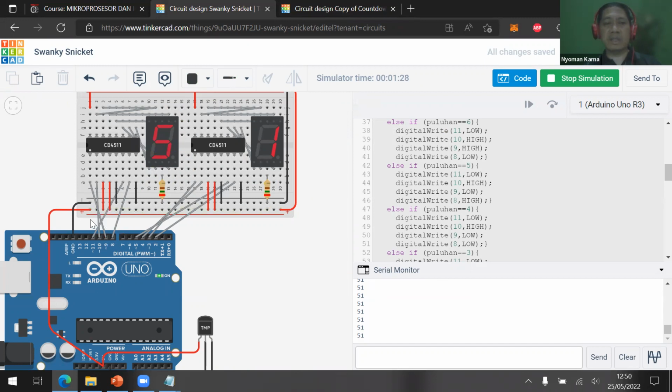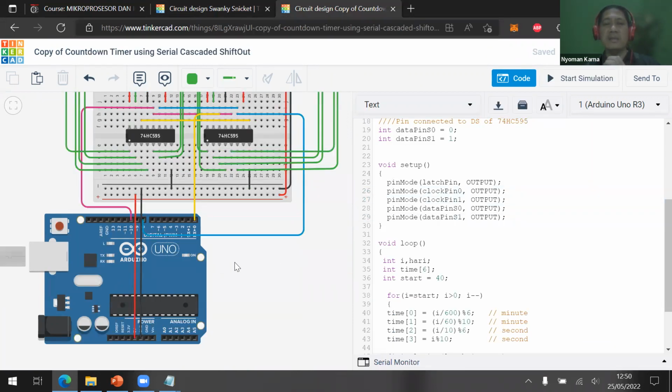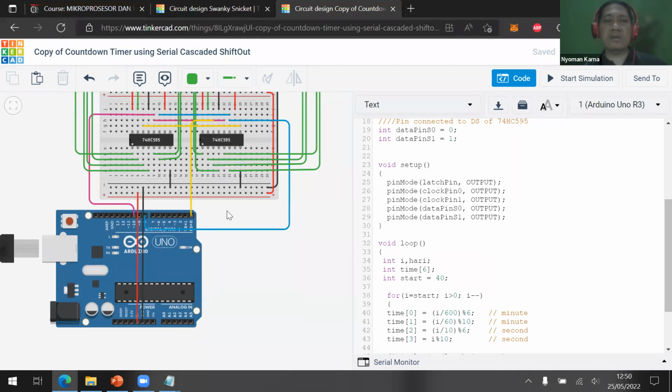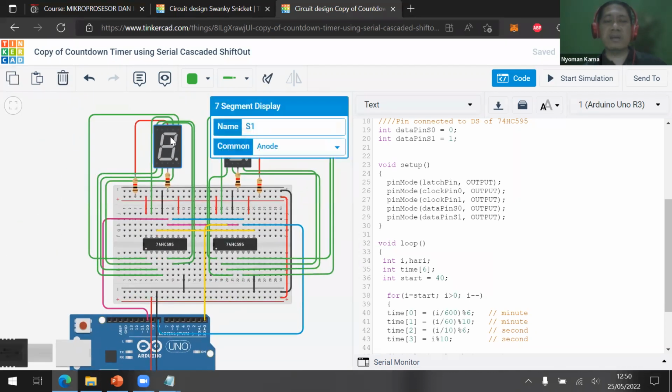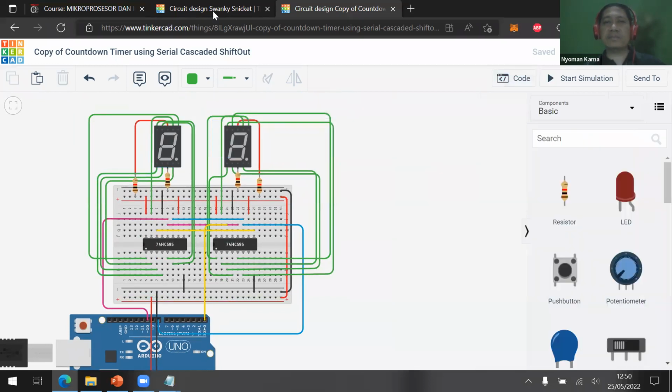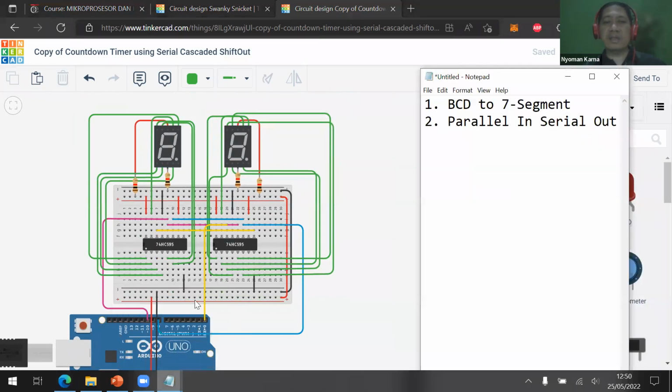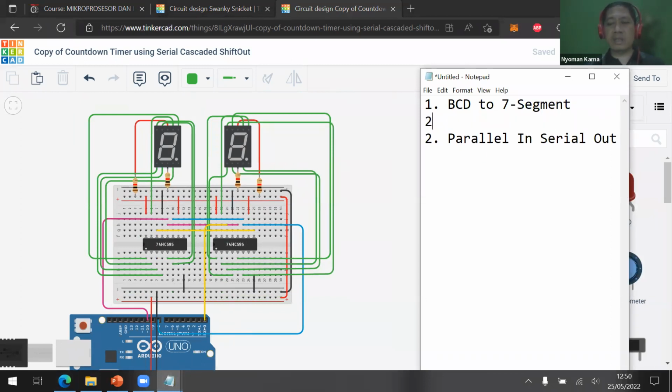In here, we still need 4 cable, but we can actually use one cable by using the parallel in serial out. So we're going to send, okay, this is the value 4, for example, and then we're going to shift that value, and then that value will be represented using this one, 7-segment.